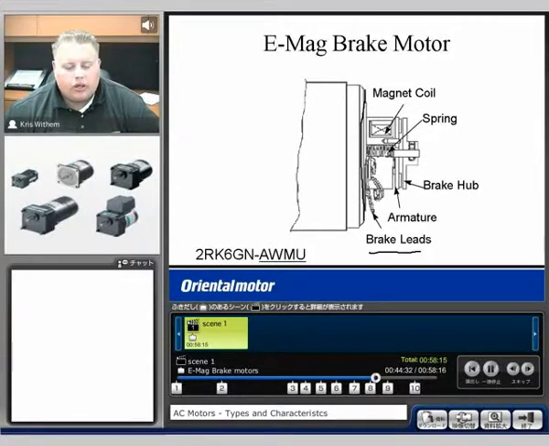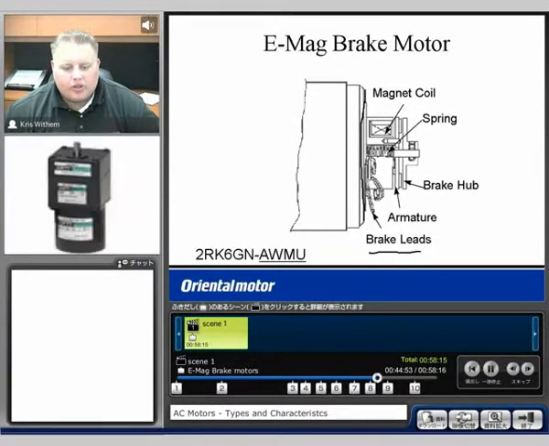Power to the motor should only be applied while the brake is disengaged, otherwise this will wear the brake prematurely or allow for premature failure. It's just like applying power while braking in your car. You're going to spin your tires and wear them out quicker. The same concept applies to the brake hub and the armature here.